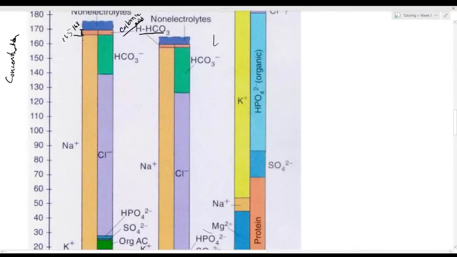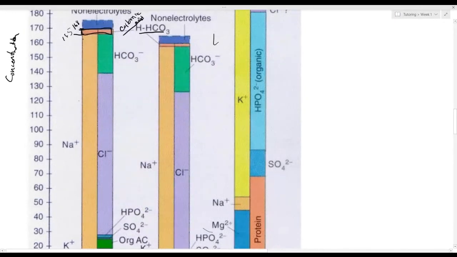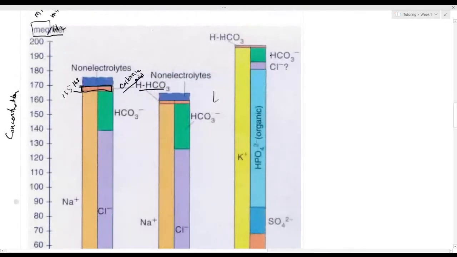It's only ever this concentrated. It doesn't have a wide band like sodium, where it can be really concentrated or kind of dilute. It's very concentrated all the time. And we see that pretty much in all of these examples, right? Carbonic acid is very concentrated in every case, and it's got a very narrow band in every case.